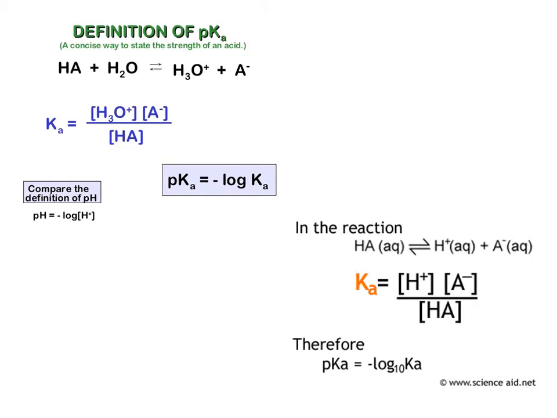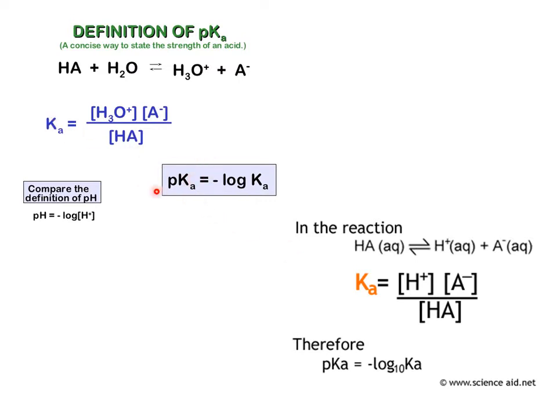Let us recall our definition of Ka and pKa. These two expressions here are equivalent. In the first one, water is involved. In the second one, you don't see an expression for water, but these two expressions are equivalent.